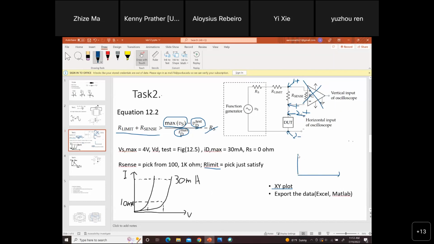Remember the X axis should be voltage, and the Y axis should be current.